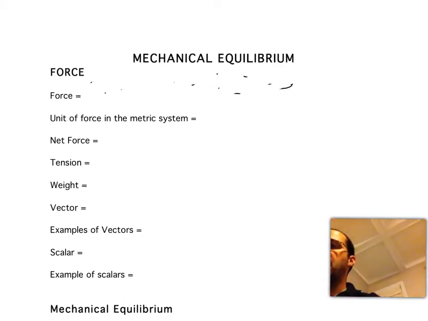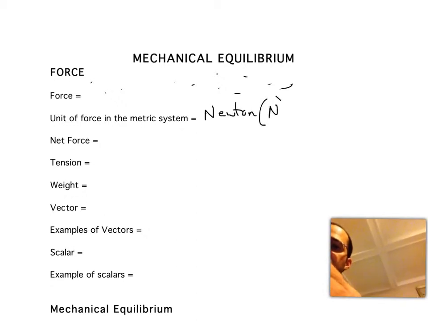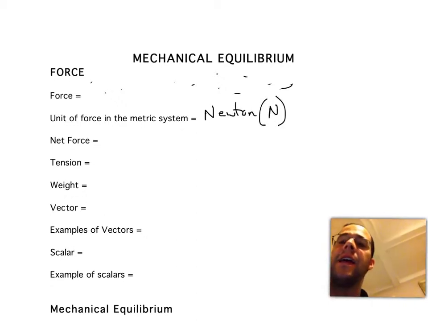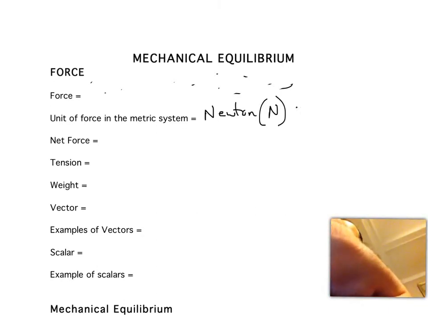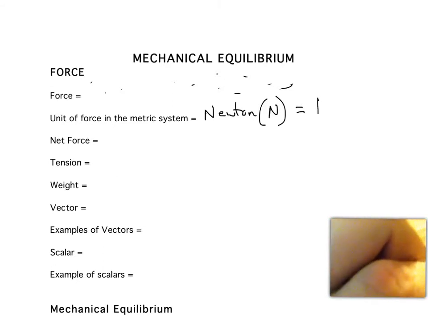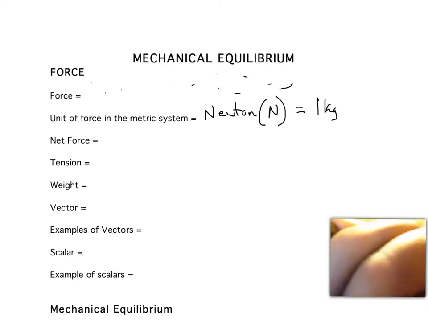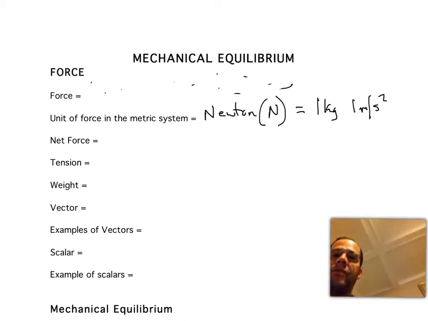Now, units for force. Well, the unit for force is what's called a Newton. Okay, and we're going to abbreviate it with a capital N, since it's named after a person, Sir Isaac Newton, of course. Now, 1 Newton of force, just so you guys know, is the amount of force required to accelerate a 1 kilogram object at 1 meter per second squared.